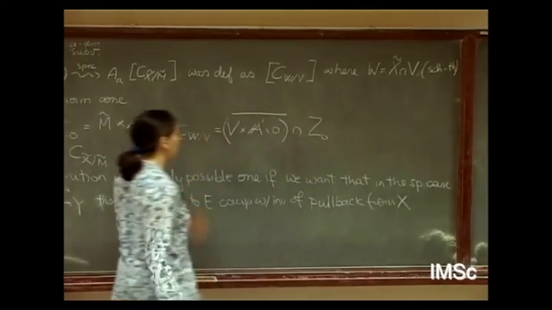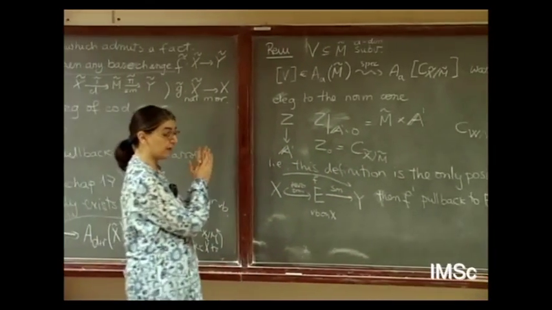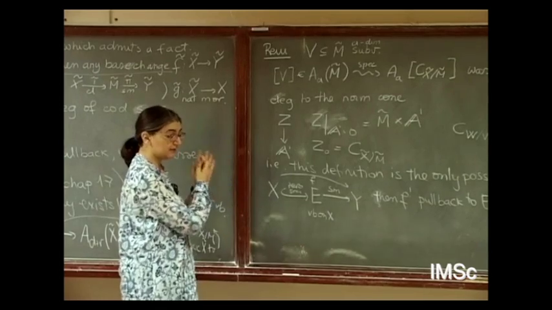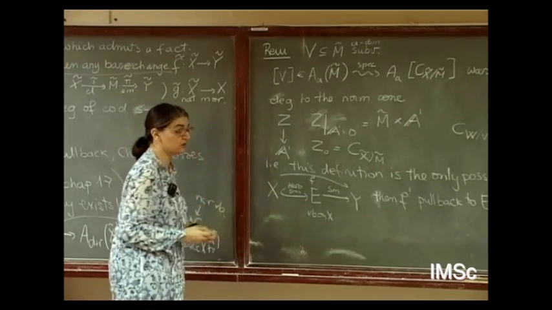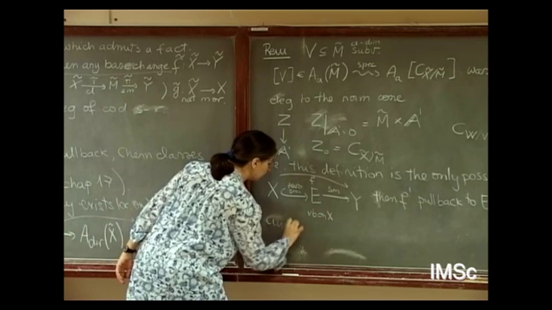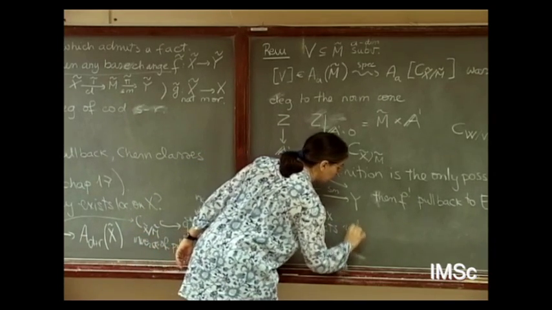And we want that it varies well in families, so that if we have a family parameterized by A1, then the limit commutes well and respects rational equivalence in an appropriate sense.